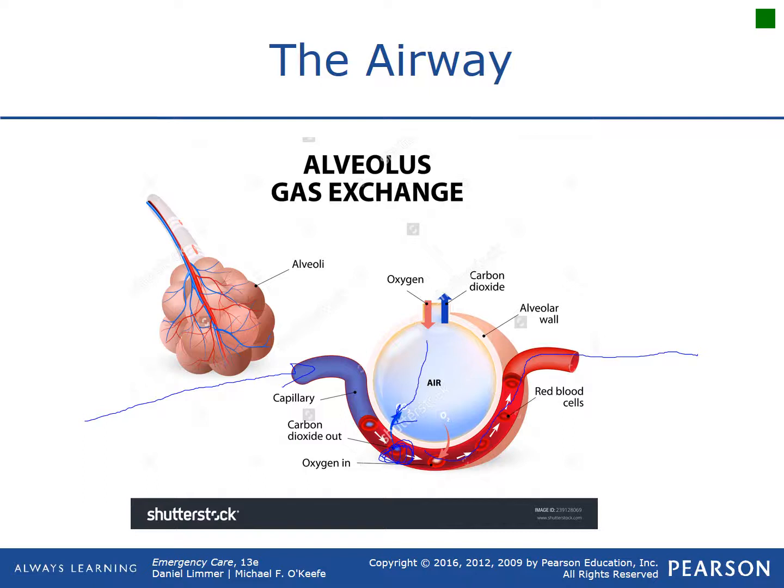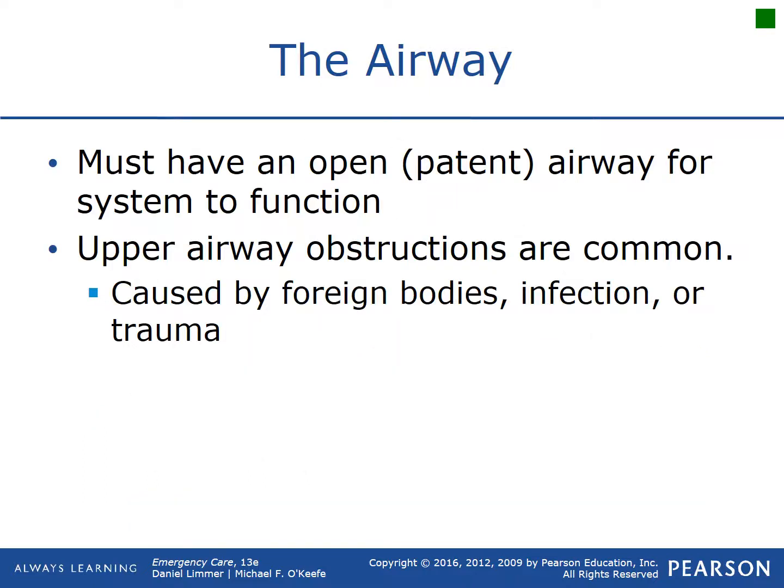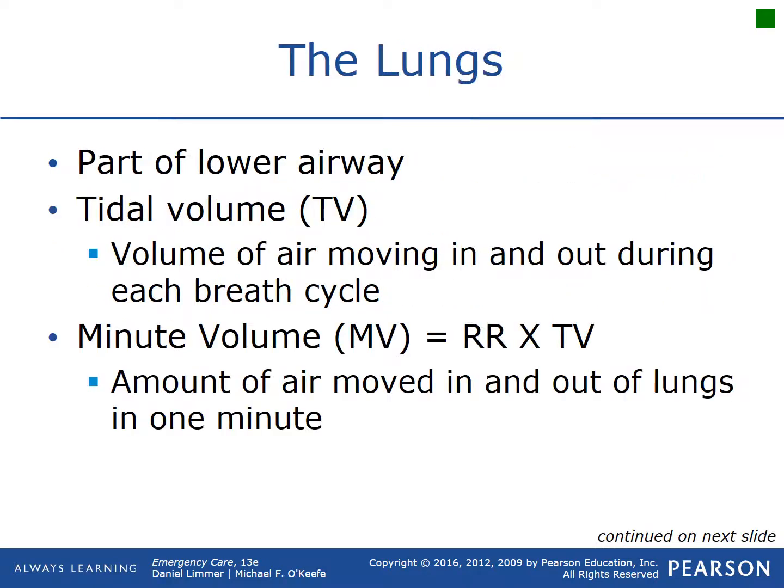As the CO2 offloads, that O2 onloads onto the boat and then circulates through, and then the process just continues. So for all this stuff to function, you gotta have lungs, as you saw in the little graphics earlier of the bronchioles, the bronchi, all that stuff. So the lungs are the lower airway. That's where all the gas exchange and everything is happening.